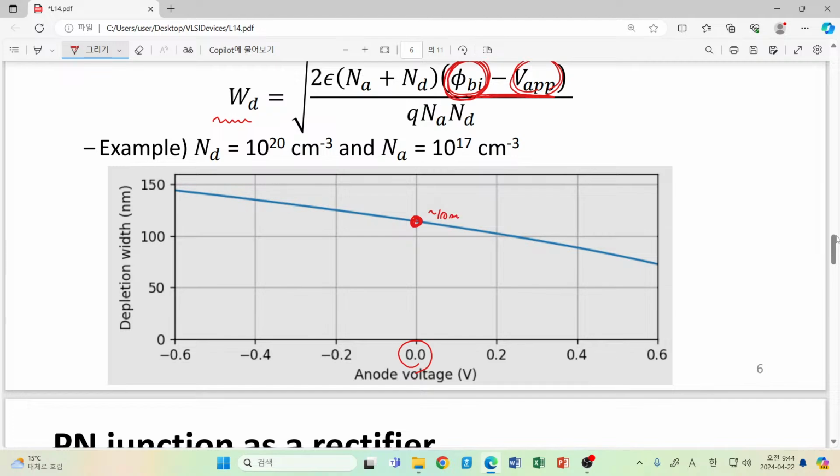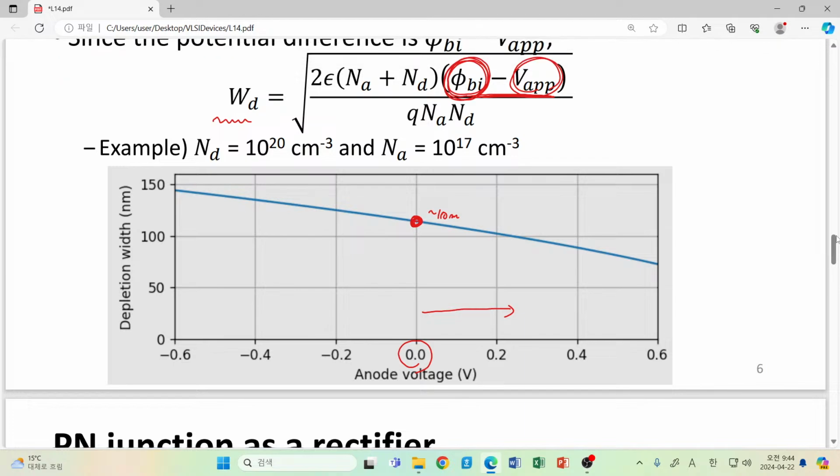After that, if we go to positive anode voltage, it means that now we have reduced barrier height, reduced potential barrier, and therefore a relatively small amount of depletion can sufficiently supply such a potential difference. So that's the reason why we have reduced depletion width.